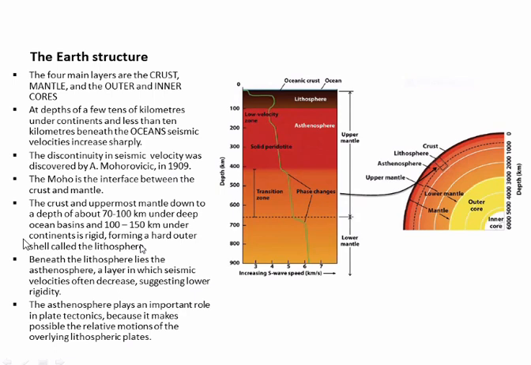This forms a hard outer shell, which is referred to as the lithosphere. Beneath the lithosphere lies the asthenosphere, a layer in which seismic velocity often decreases, suggesting lower rigidity.